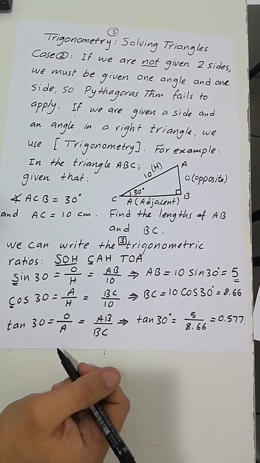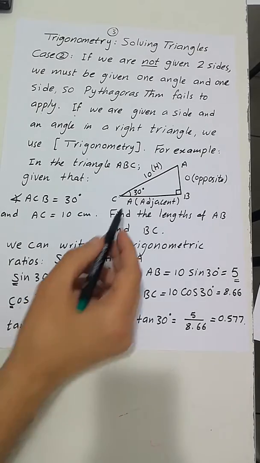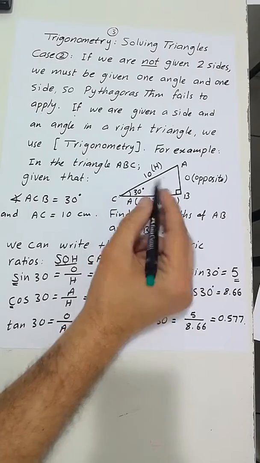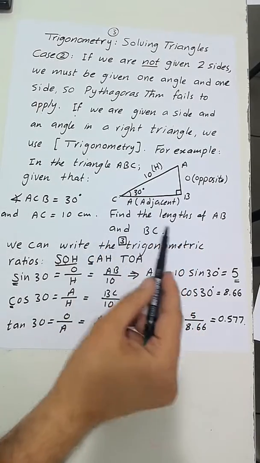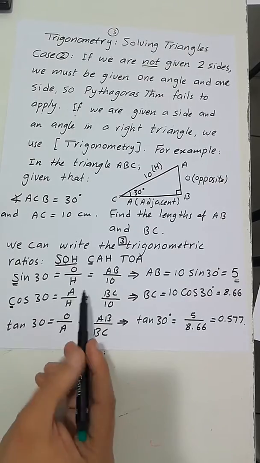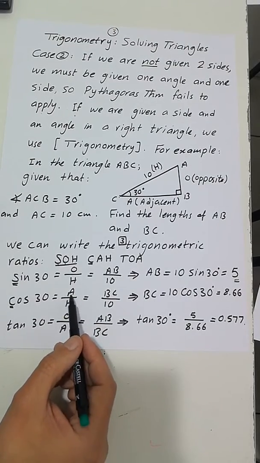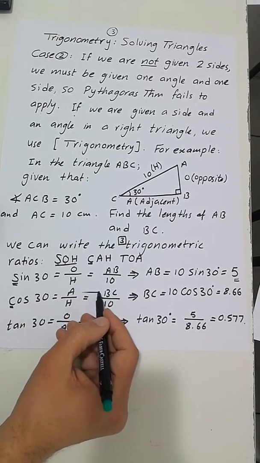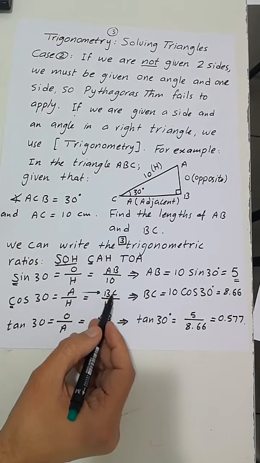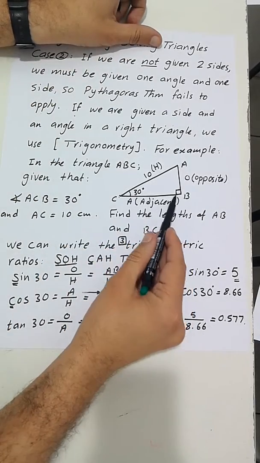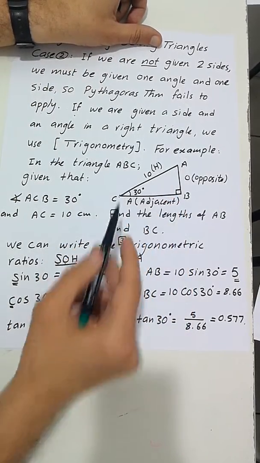To find BC, which is the adjacent to the angle 30, cosine 30 is equal to A over H. The adjacent, which is BC in this question, divided by 10.